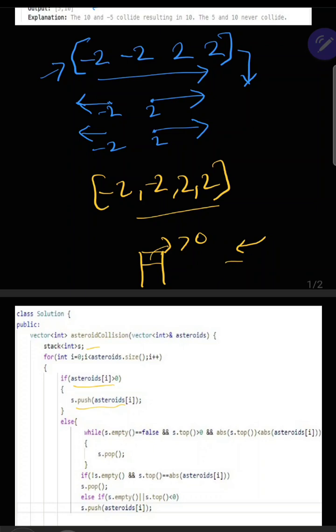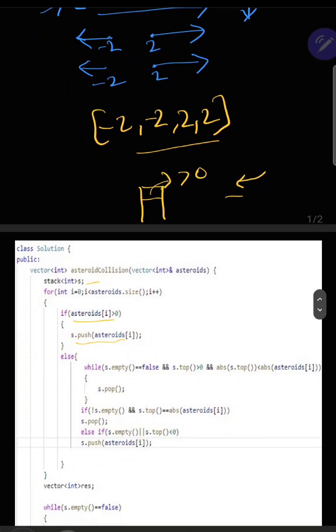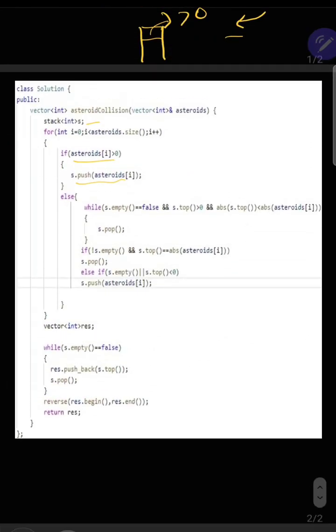That is the only case when the collision happens, and when a collision happens, there will be 3 conditions we have.